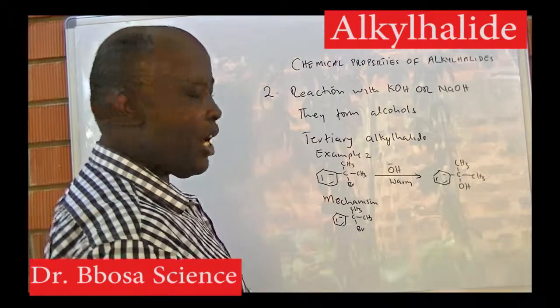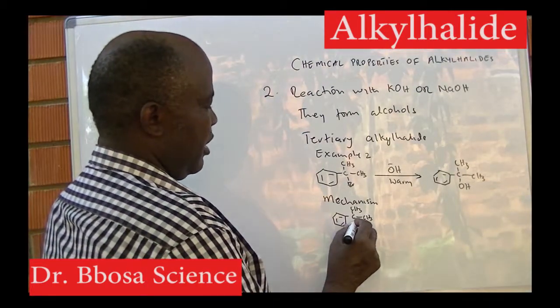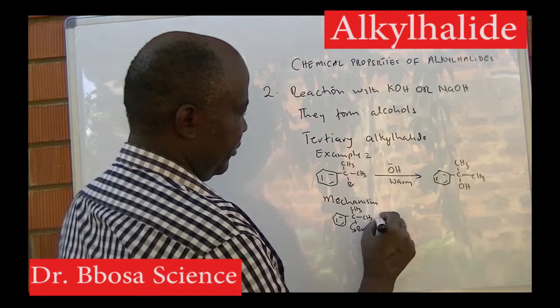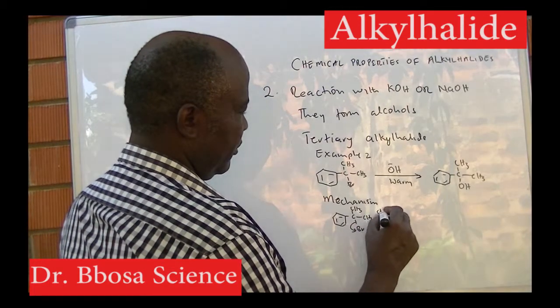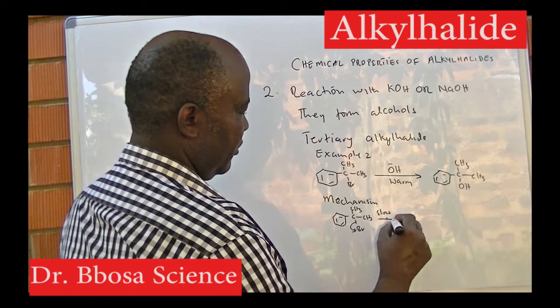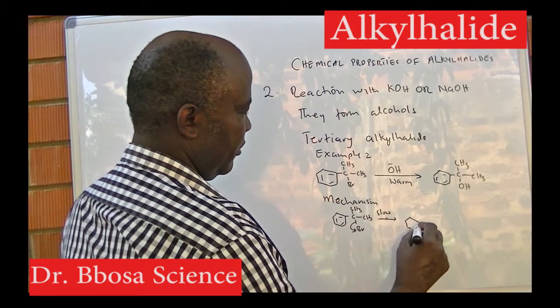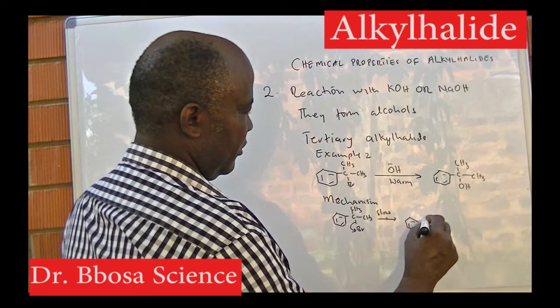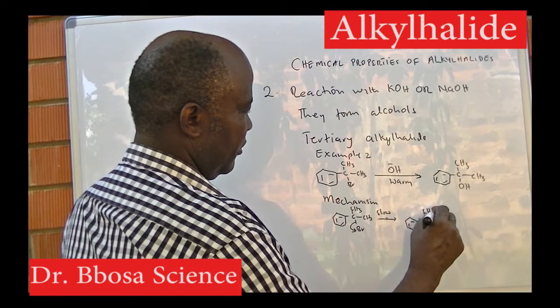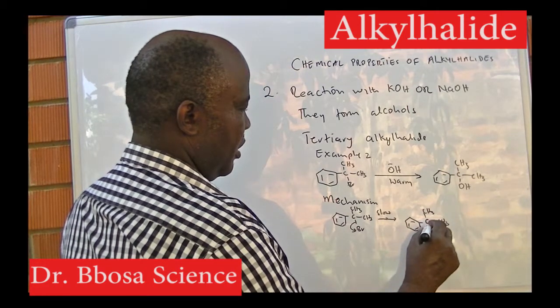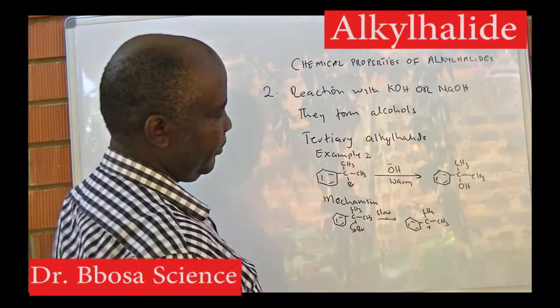This being a tertiary alkyl halide, the bromide ion is first lost. You get a positive charge.